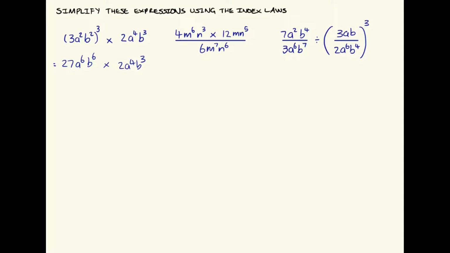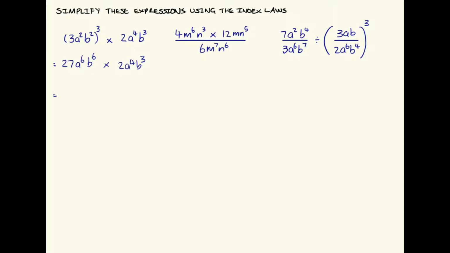So here we've got 27a to the power of 6 multiplied by 2a to the power of 4. So going back to, I think it's index law number 1. Whenever you have two terms, so here we have a to the power of 6 and a to the power of 4, the powers add up together. The numbers next to the letters, so the base numbers, they'll multiply just like normal.